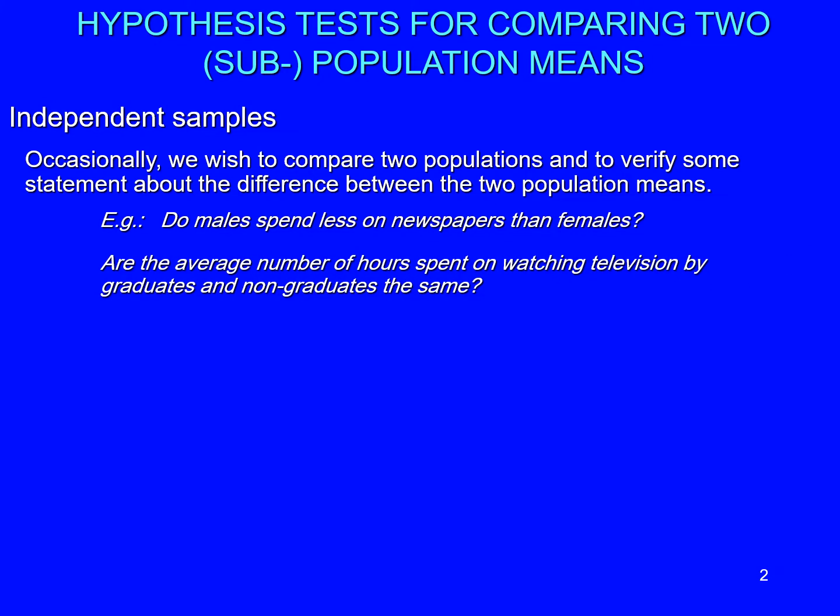Here is another example: do males spend less on newspapers than females? So we have two populations, males and females. We want the average expenditure on newspapers by males and by females, and we compare them to see who spends more on newspapers.